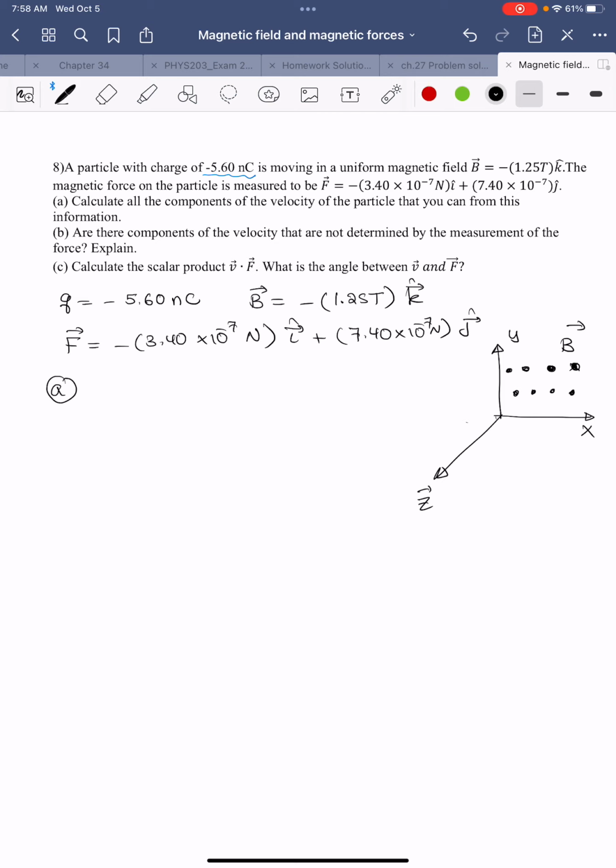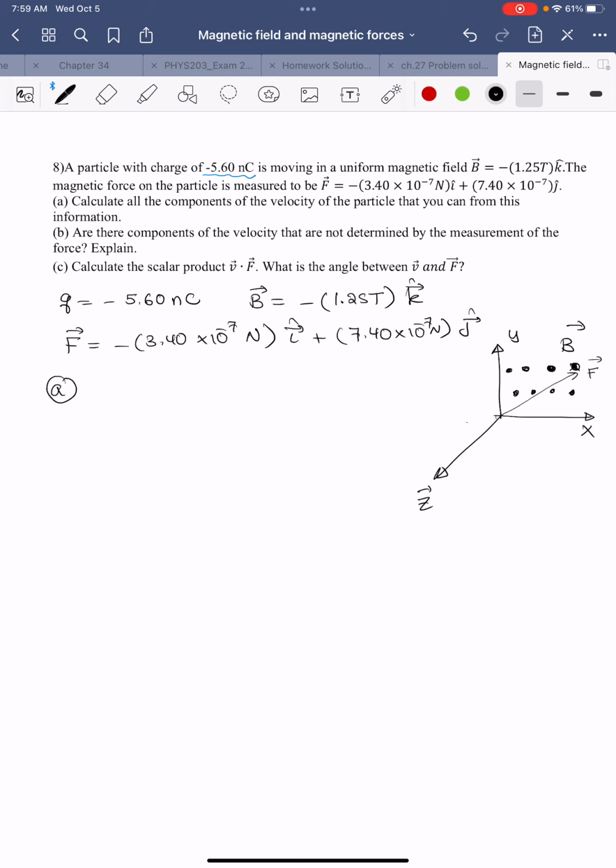And the force is along the plane that contains both i and j, somewhere here. It's hard to draw that three-dimensional.